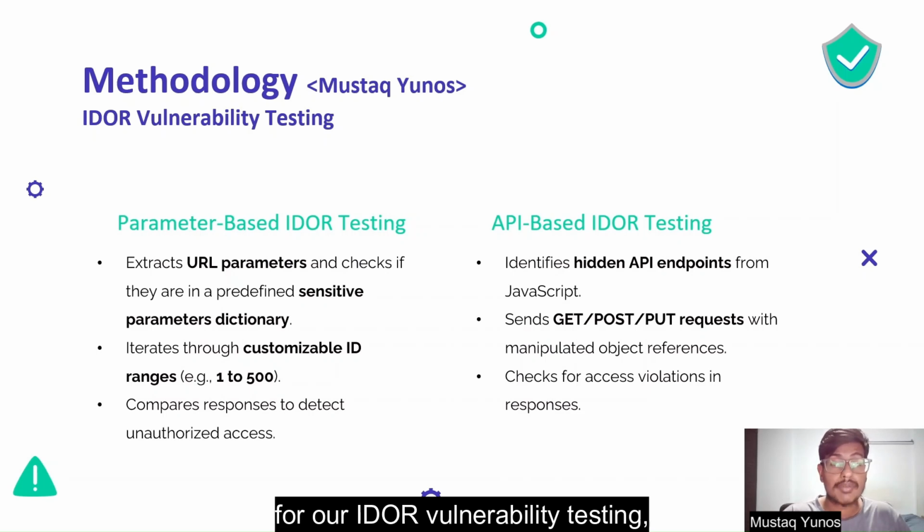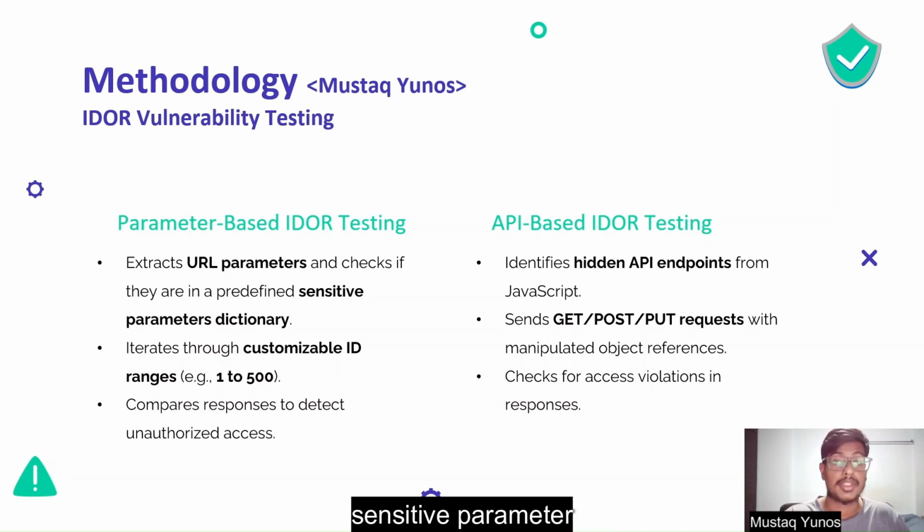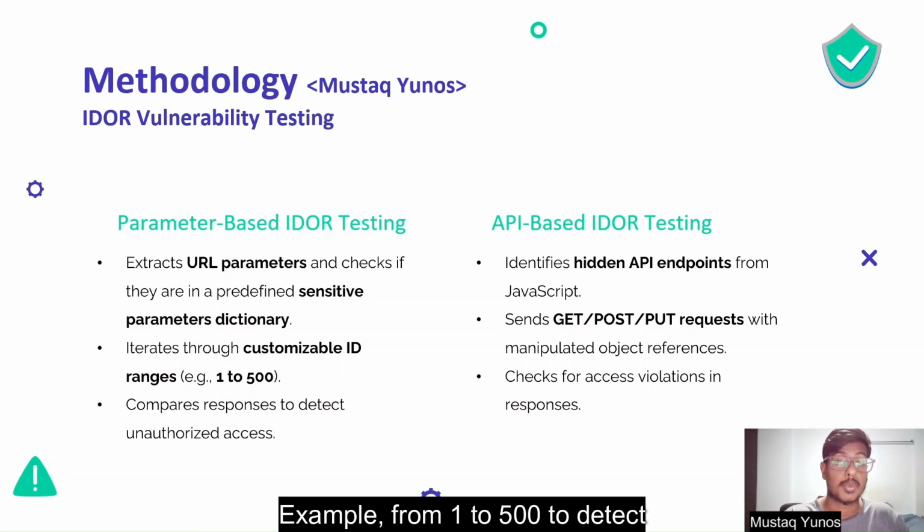For our IDORGuard vulnerability testing, IDORGuard extracts URL parameters and checks them against a predefined sensitive parameter dictionary, while it also iterates through a customizable ID range, for example from 1 to 500, to detect unauthorized access.